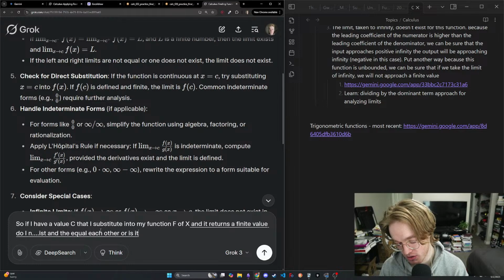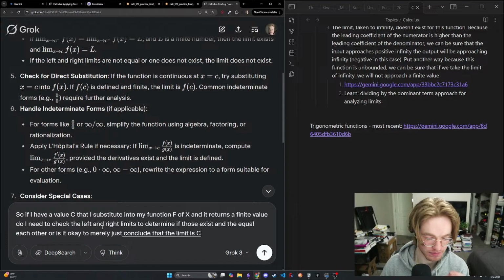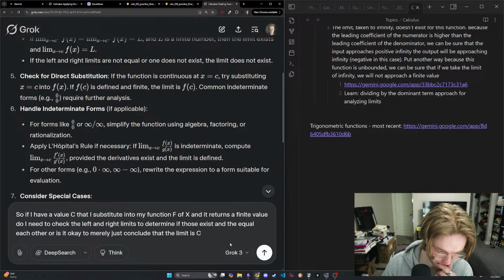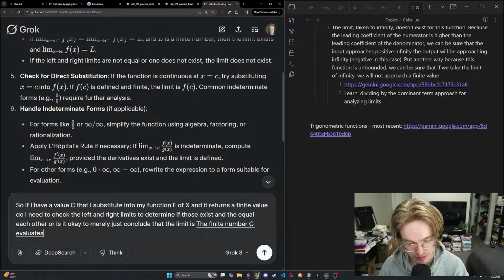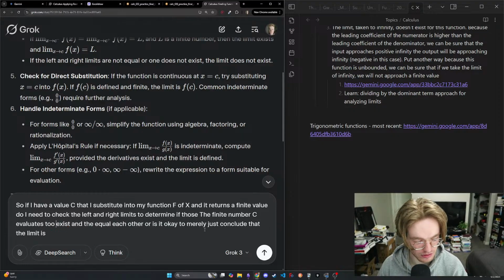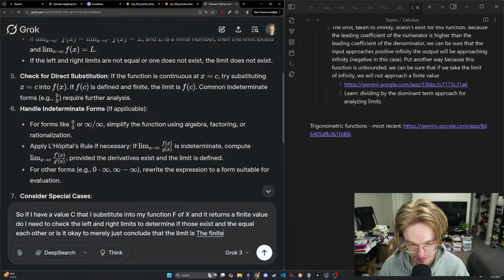Or is it okay to merely just conclude that the limit is the finite number C evaluates to?